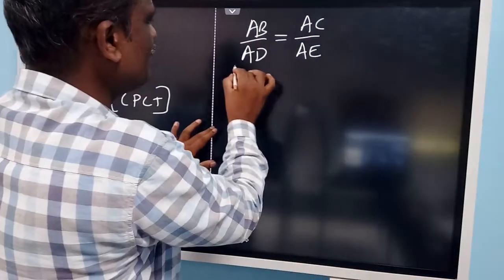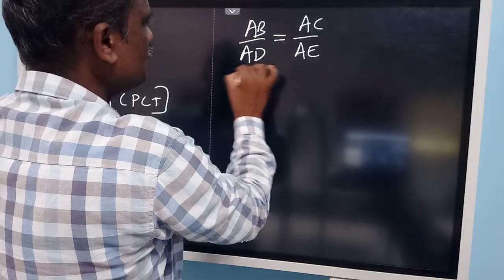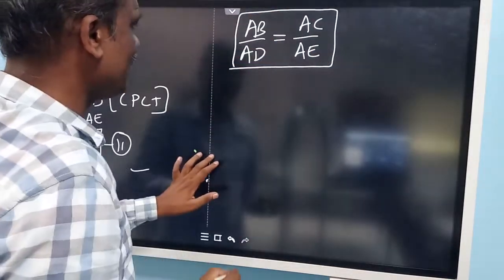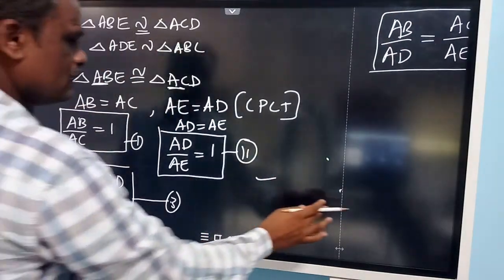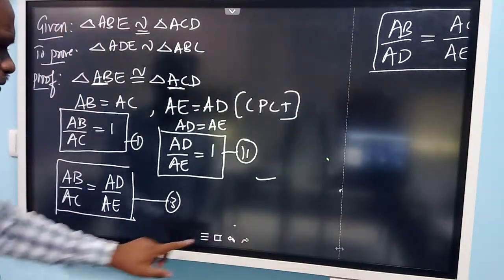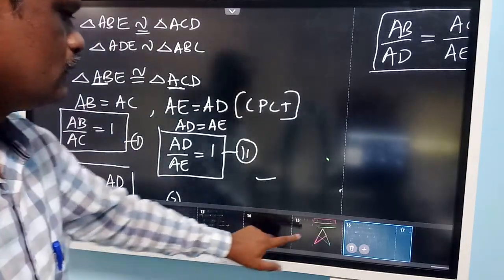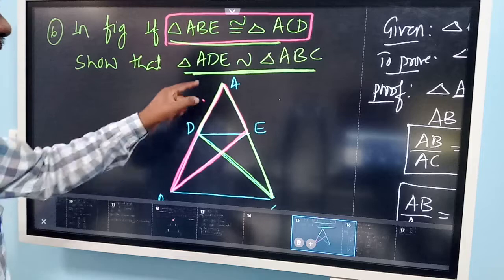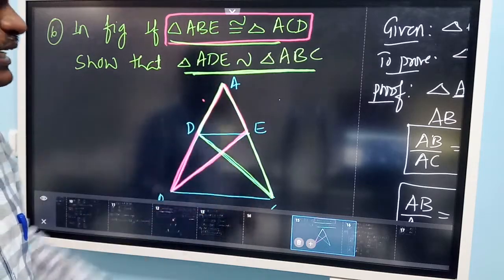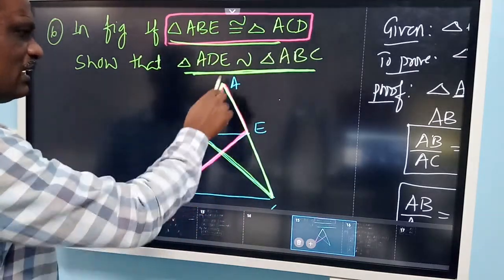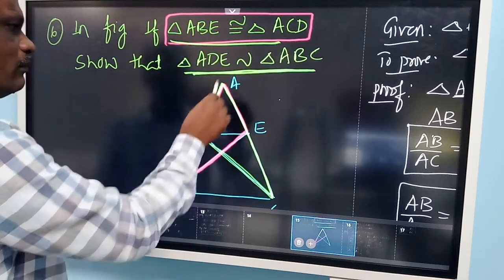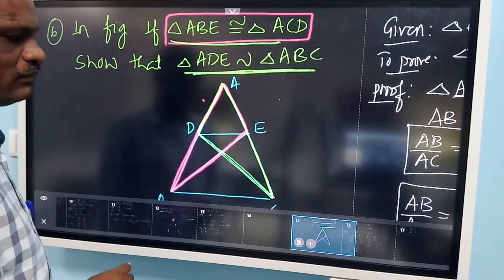Now you look at this one with the diagram. AB by AD, AC by AE. AB is the side of the bigger triangle, AD is the side of the smaller triangle.